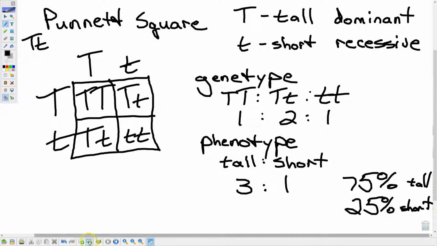So now let's quickly try and look at another Punnett square, but now let's look at a human. This shows what's called codominance. There isn't one that dominates over another.